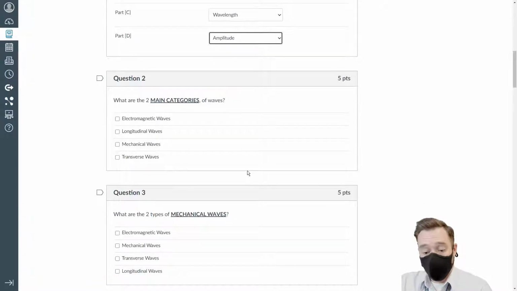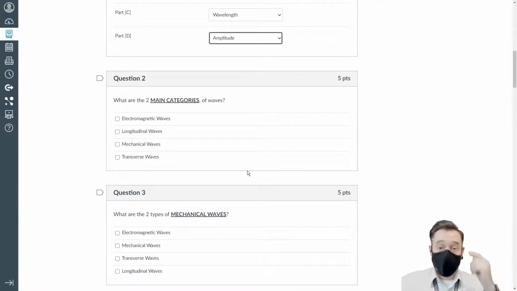Now, remember the other day when we were talking about it, it was kind of like a little flow chart. So we have the overarching theme of waves. It's just a way to transmit energy or information. And the two main categories of waves are differentiated between those that require a medium or some sort of material in order to propagate, and then those that do not require a medium.